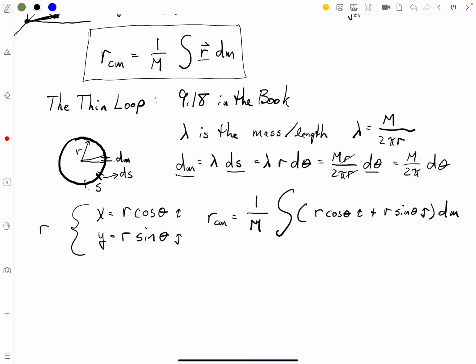Okay. Now, we're going to do it again, only this time on the inside of the integral, I'm going to put 1 over M. And then we're going to do all of our r cosine theta i hat plus r sine theta j hat.